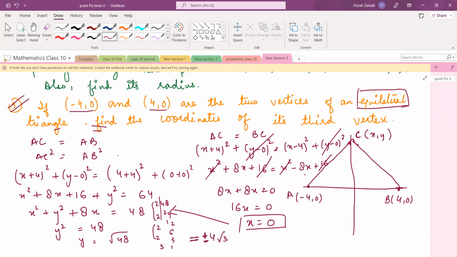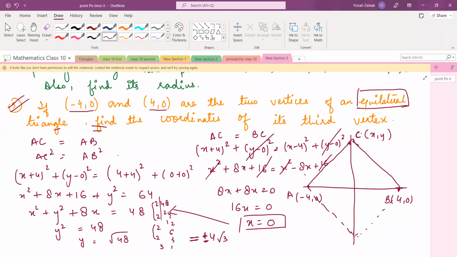In coordinate geometry, it's really important, right? So basically, the x coordinate is 0. And because the triangle can be this way also, it can be this way also, right? We don't know whether the y coordinate is positive or negative.